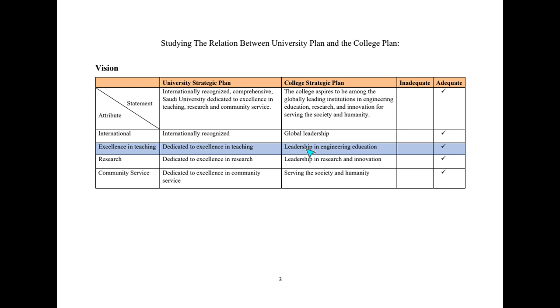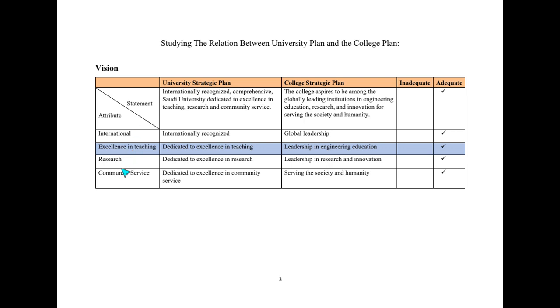I will demonstrate to you down to the small level, even to the project level. So we will take excellence in teaching as the common point between the university and the college, and we will see how excellence in teaching develops objectives, goals, projects, and KPIs related to only one attribute, which is excellence in teaching.